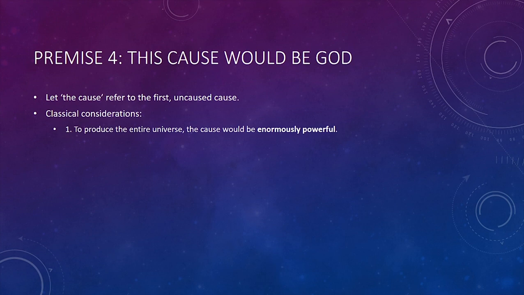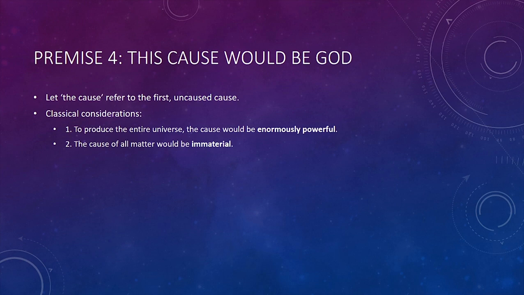One thought is that in order for the cause to produce all of its effects, the cause would have to be enormously powerful. You can think of power as the ability to produce effects. It can produce the entire universe. Second, if we're talking about a cause of the entire material world, then this would be a reason to think that the cause is not itself material, because that which is material would be part of the effect.